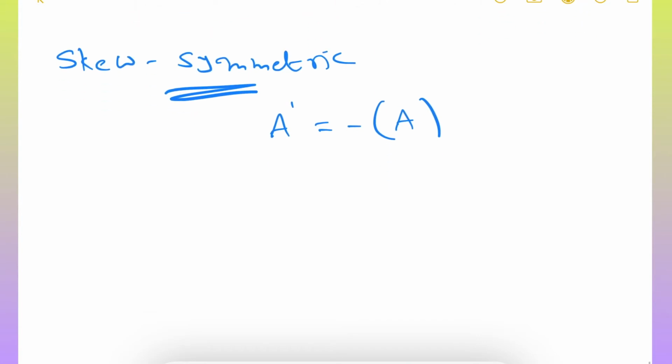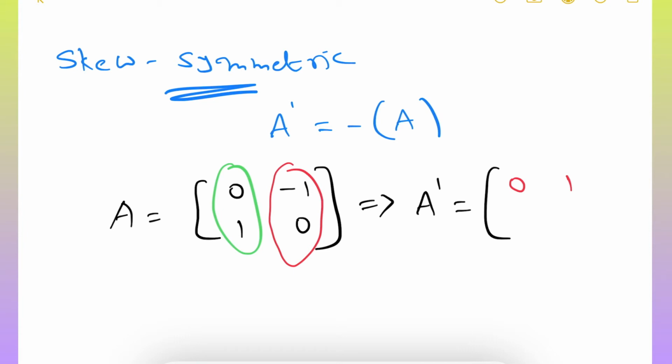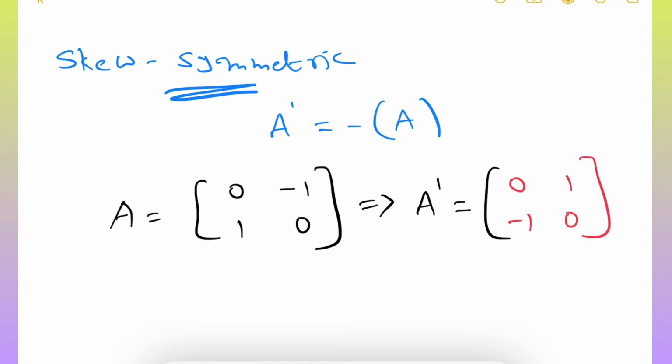For example, I have a matrix A: 0, minus 1 and 1, 0. Now for this matrix I will find the transpose A dash. This is the first column, so let us write that column as a row. We get 0 1, and this is the second row, which we write as the second column, that is minus 1 0. Now this is A transpose.